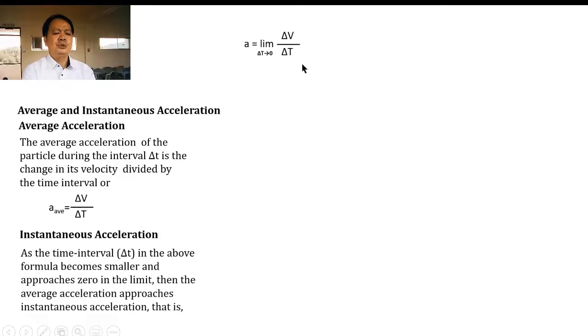In another form, this is written as acceleration is the derivative of v with respect to time t. So yun yung ating understanding of how we describe average acceleration, average velocity, instantaneous acceleration, and instantaneous velocity.